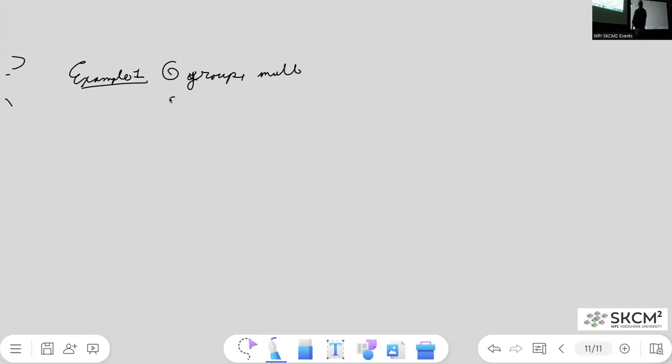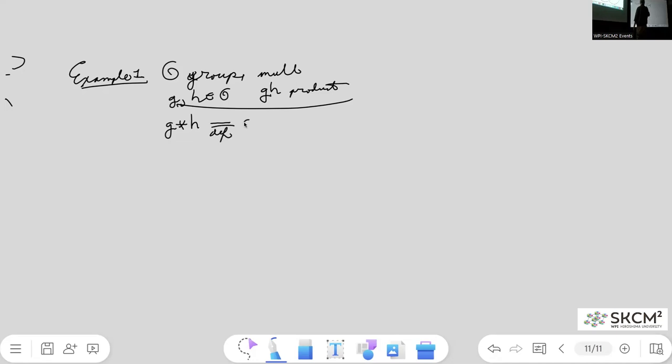So we have g and h belong to G, and gh is the product. Now, I don't claim that that's a quandle, it's a group, right? But I want to define a quandle operation. So I'm going to define g star h, by definition, as g h inverse g. No, sorry, I wanted it the other way around. h g inverse h.